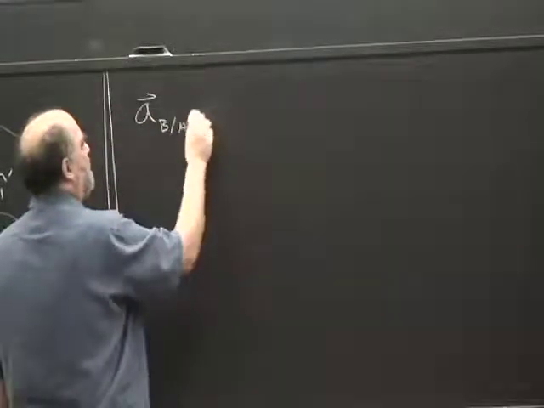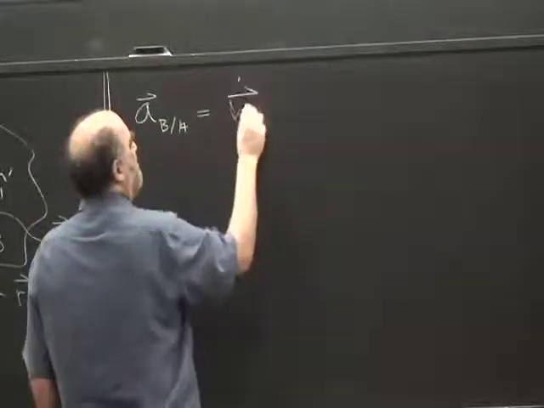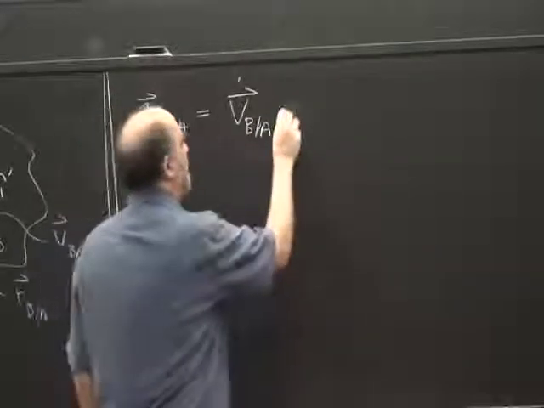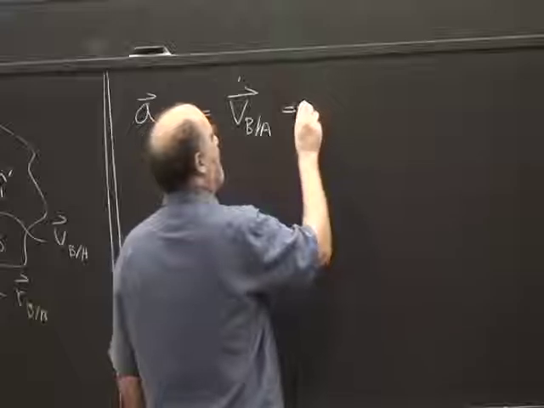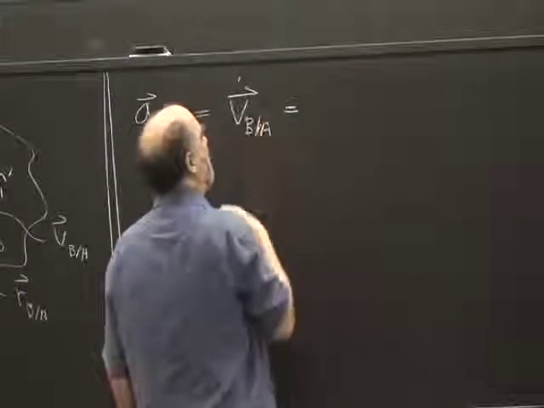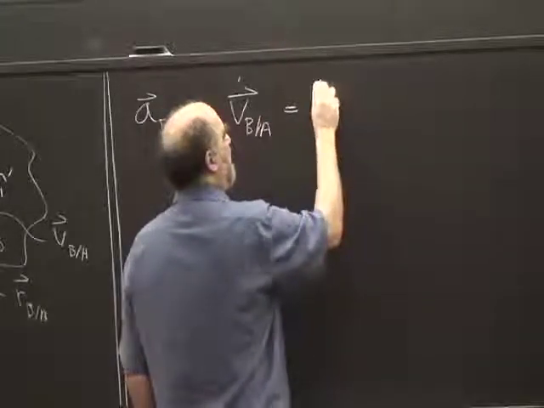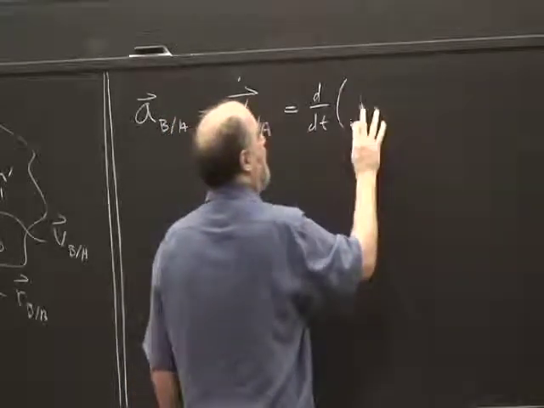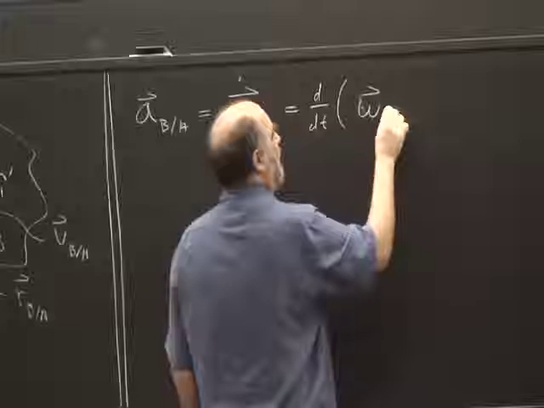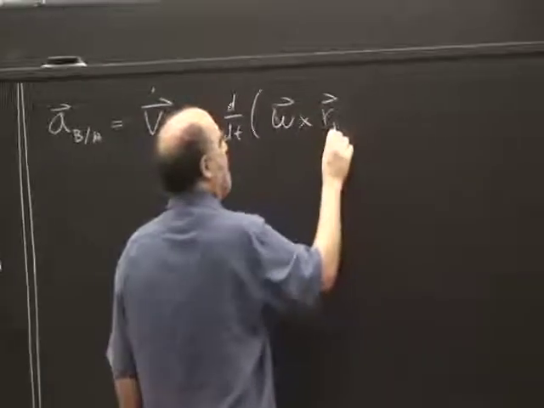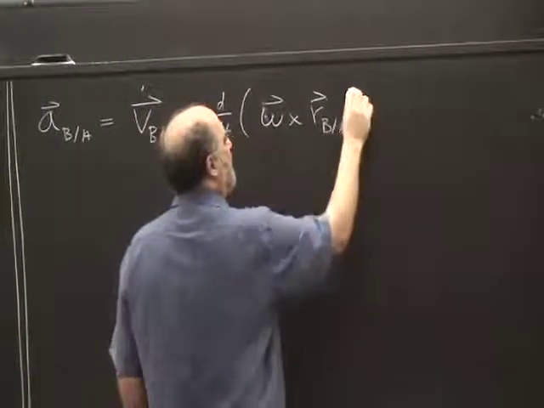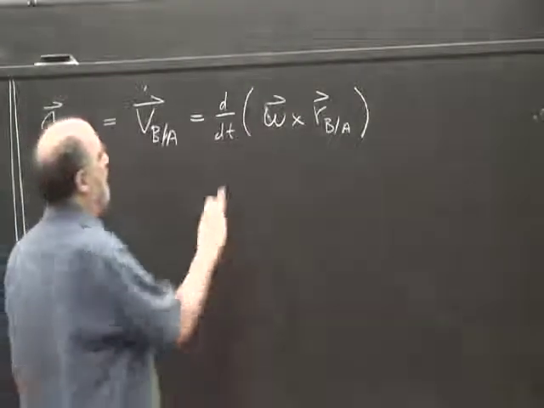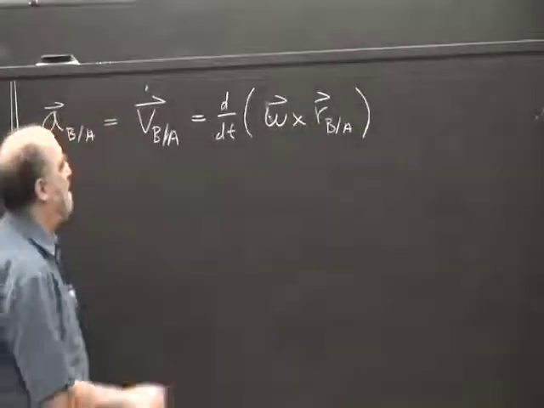The acceleration of B with respect to A is the rate of change of the velocity of B with respect to A. So that's equal to what? Well, the velocity of B with respect to A, we said, was omega cross the position of B with respect to A. So now we need to take the derivative of that expression.